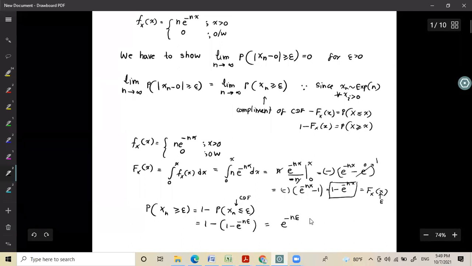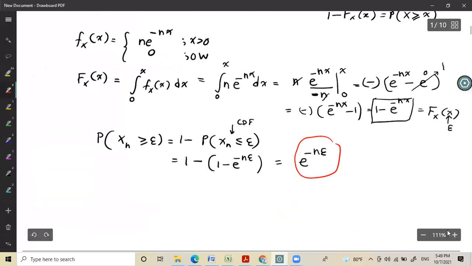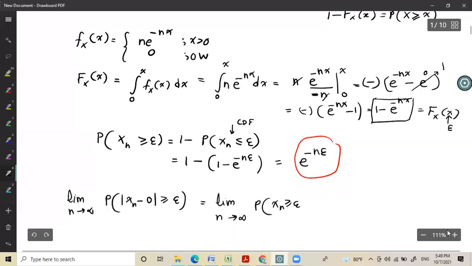Now let's go back and put this in our limit. We need the limit as n goes to infinity of the probability |Xn minus 0| greater than epsilon. That will be the limit as n goes to infinity of the probability Xn greater than or equal to epsilon.